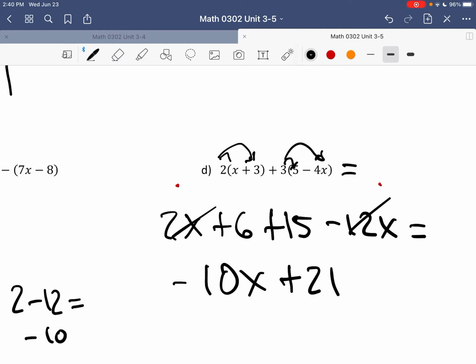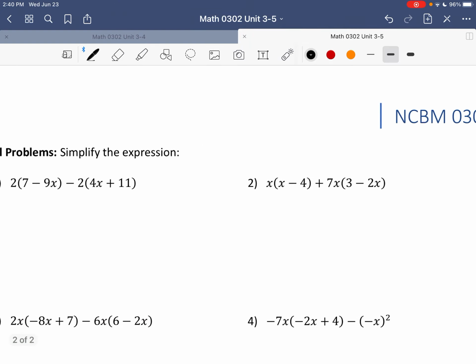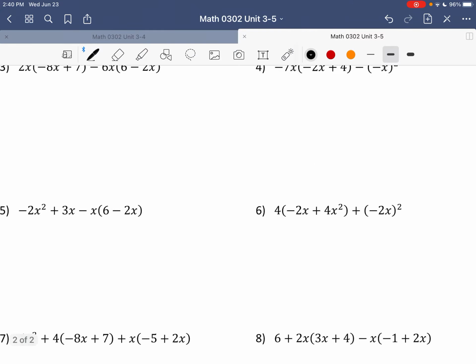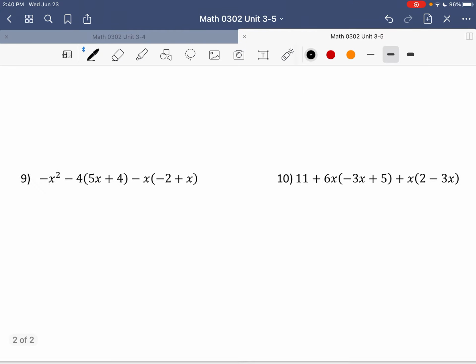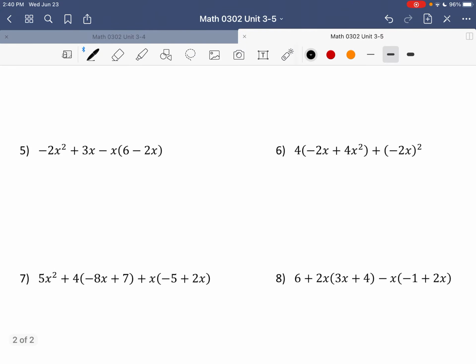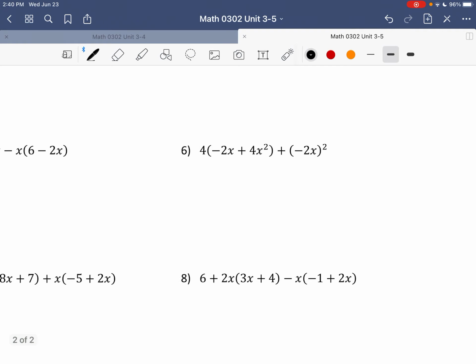Okay, all right, and then let me see if I could find one more. Let's see if we can get another one going. Okay, here we go, number 6. On number 6, simplify the algebraic expression.